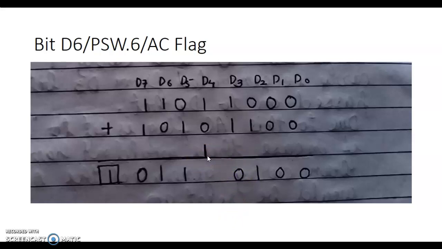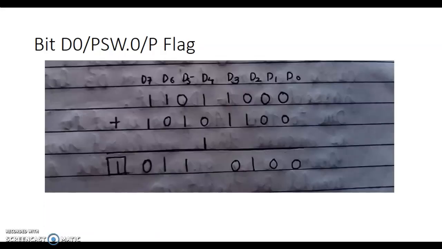So this carry is being transferred from D3 bit to D4. Due to this, auxiliary carry is generated, and the auxiliary carry flag is set to 1. If while addition of these D3 bits there is no carry generated from D3 to D4, the auxiliary carry flag will be reset to 0.